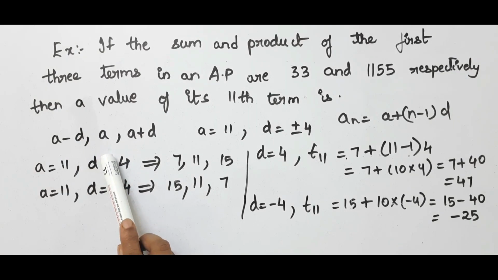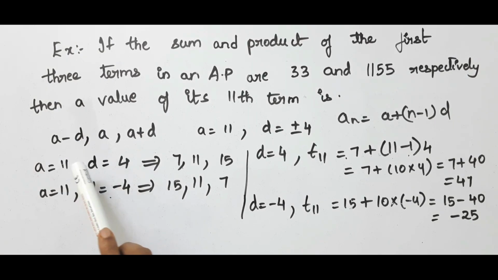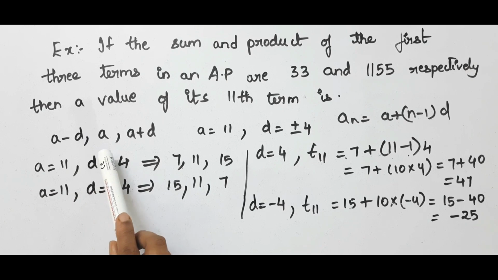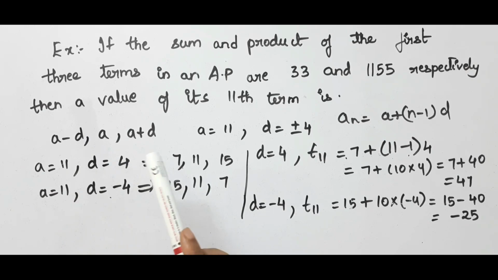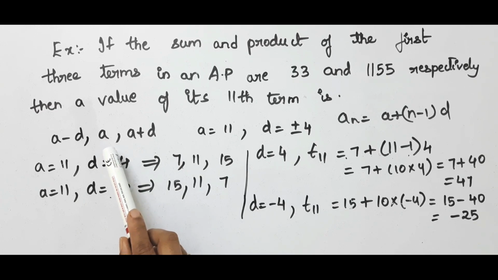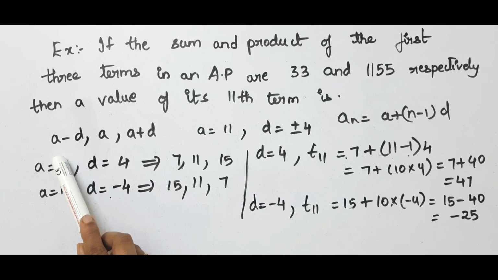So take the middle term as A and the remaining two terms as A minus D and A plus D. That is, I have taken the pattern such that the common difference is D, with the middle term as A. Okay, if they give even terms, you have to take the numbers such that the common difference is 2D and the middle terms are A minus D and A plus D. Okay, and using the conditions you have to get the value of A and the value of D.